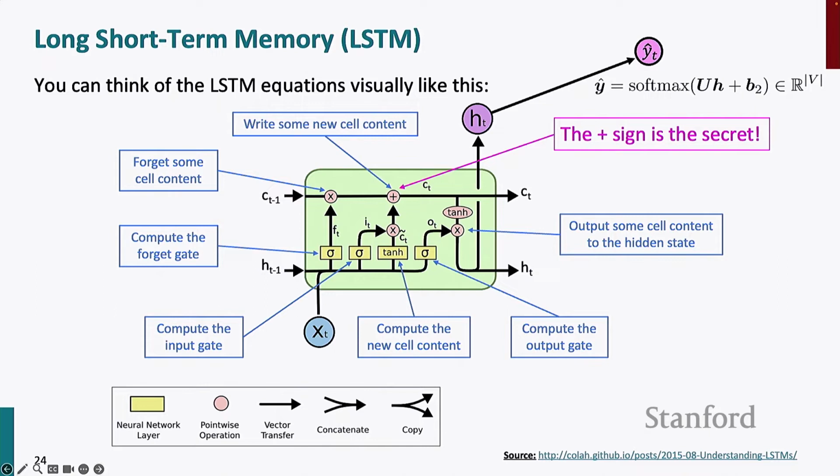And really the secret for why you get this fundamentally different behavior in an LSTM is that plus sign right there. For the simple recurrent neural network, at each time the next hidden state was a result of multiplicative stuff, and therefore it was very hard just to preserve information.